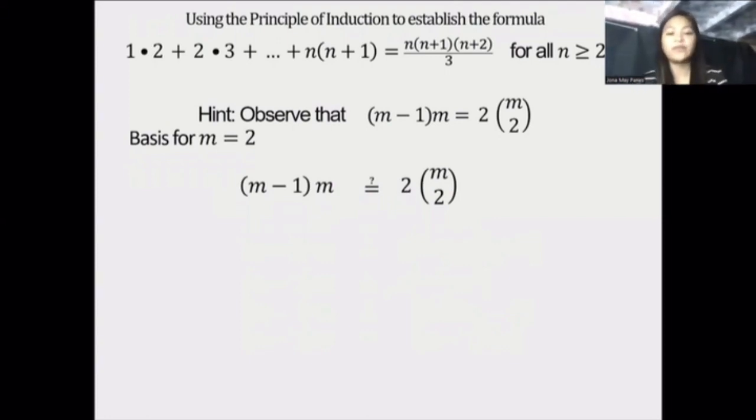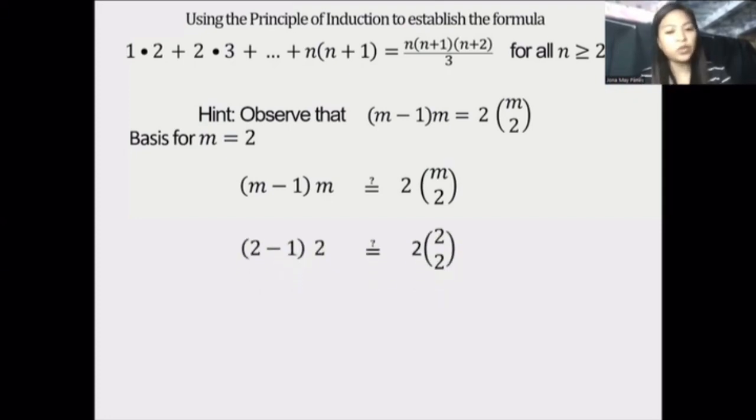Now, for the basis of m, let m be equal to 2. So we need to substitute the value of n to 2. So the quantity of m minus 1 times m is equal to 2 times the quantity of m taken 2. Substituting m to 2, we have 2 minus 1 times 2 is equal to 2 times the quantity of 2 taken 2.